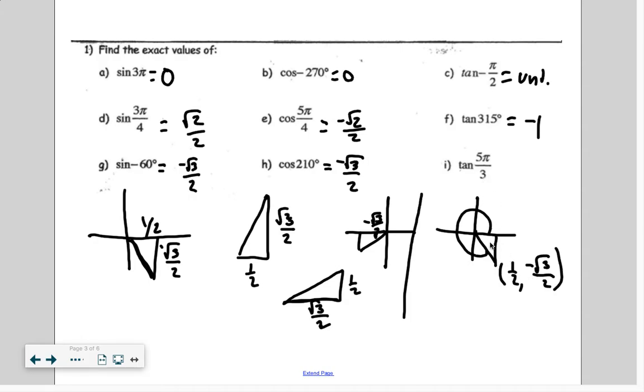Tangent's trying to find the slope, so we're going to divide negative root 3 over 2 divided by 1/2, y over x. The half portion cancels, so negative root 3 divided by 1 is just negative root 3.